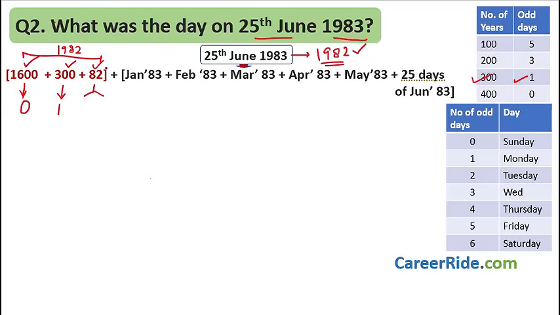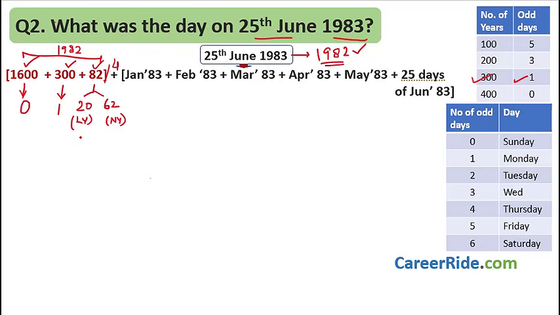So how do I find that? I'll divide this 82 by 4. When I divide 82 by 4, I get 20 leap years, and the remaining 62 are normal, non-leap years.